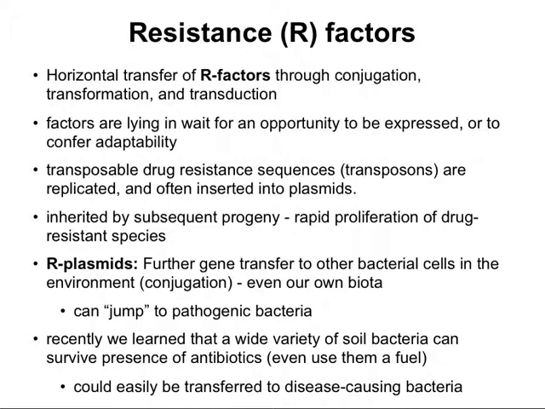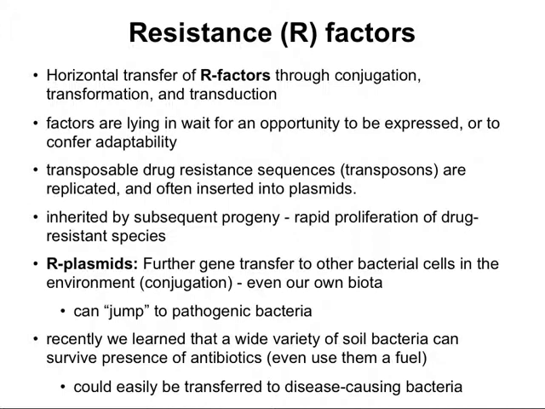They can be replicated and held within the bacterial genome, or they can be inserted into their own plasmids. We call these plasmids R plasmids. These pieces of information can be inherited by the subsequent progeny, and we'll see rapid proliferation of drug-resistant species, simply from just passing these resistance factors from the parent to the offspring.